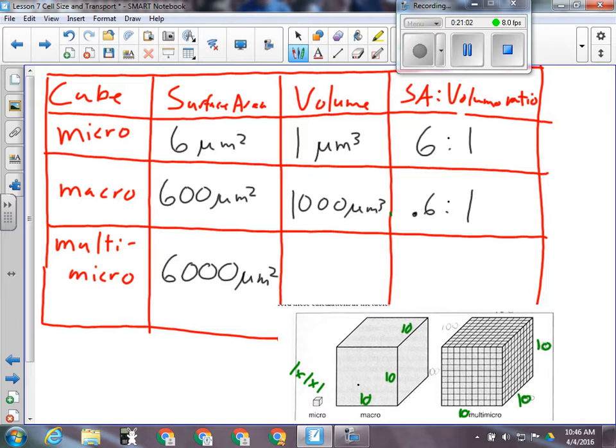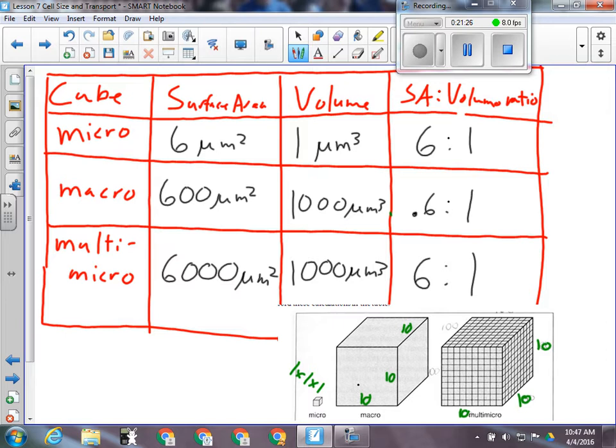Now volume-wise, is it still the same size? It's still the same size as macro, right? So it still has the same volume. The volume is still 1,000 cubic micrometers. That doesn't change. But did the surface area to volume ratio change? It did. Now we're back to 6:1, which makes sense.